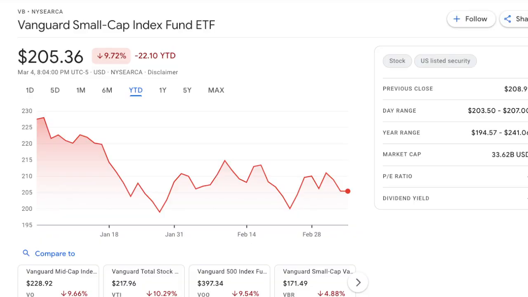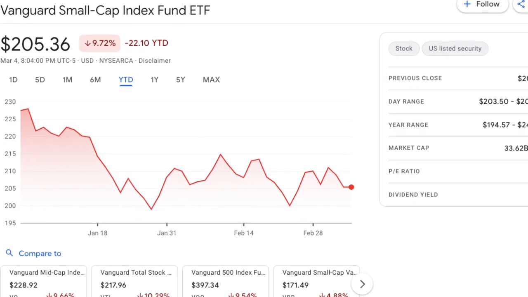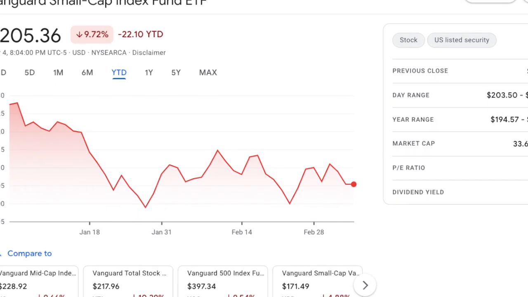So I get that exposure without trying to buy and own a bunch of different ETFs. That may change in the future. There is a case that could be made where you want to be heavier in certain parts of the market during certain periods of time. For example, if small caps, as we've seen, have sold off pretty significantly, maybe you want to buy some more exposure to that specific part of the economy. But then that's really where you're getting into timing and trading, and it's not something I mess with, at least right now.